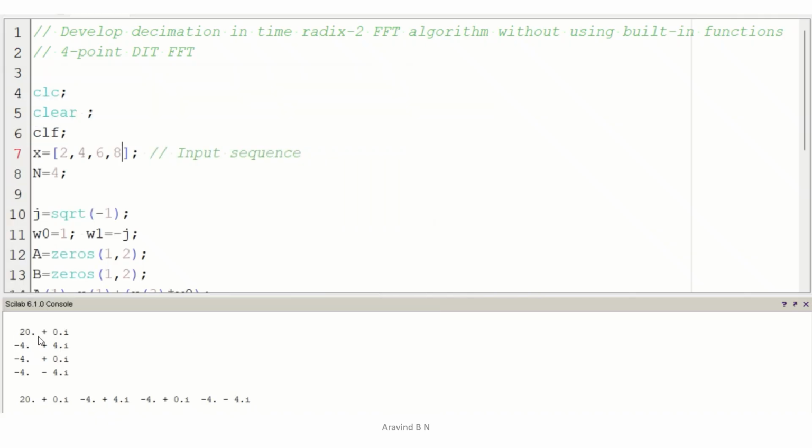First value 20, 20. Second minus 4 plus 4i, minus 4 plus 4i. Then minus 4, minus 4. Then minus 4 minus 4i, minus 4 minus 4i. So this answer is without using the inbuilt function, and this one is using the inbuilt function. Both of them are the same answers.